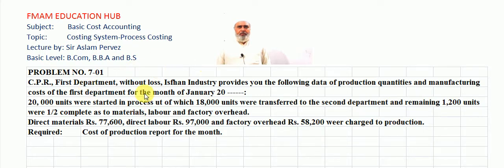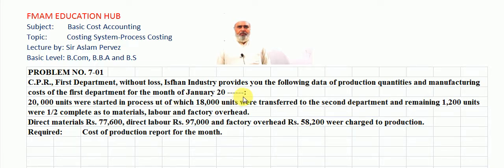Without loss means in this problem there is no loss incurred, neither a normal loss nor an abnormal loss. The industry name is Aslam Industry, which provides you the following data of production quantities and manufacturing costs of the first department for the month of January 2000.